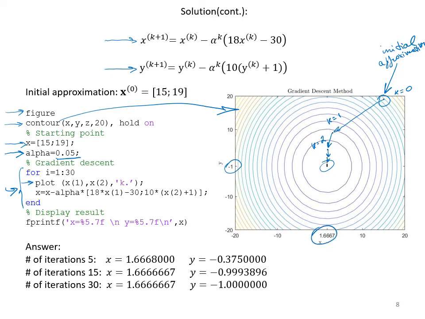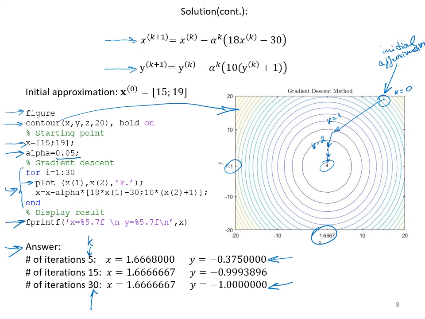So, and finally we can see the answer, that if we pick k5, this is how far we can get, and the best result for k equals 30, we can approach to our true solution.